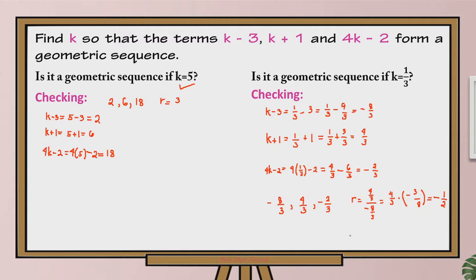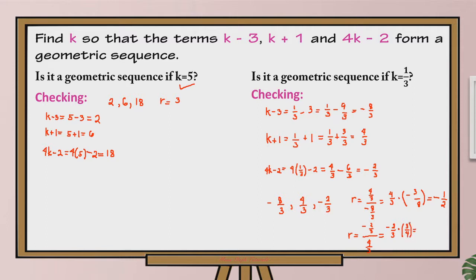And that is equal to negative 1/2. So yung isa naman, tingnan natin kung consistent. So we have negative 2/3 over 4/3. And that is equivalent to negative 2/3 times the reciprocal of 4/3, which is 3/4.